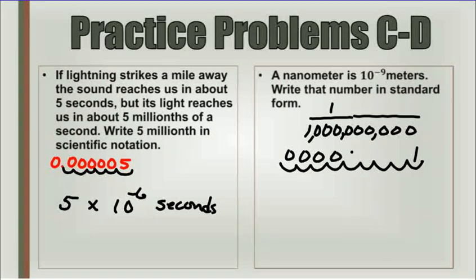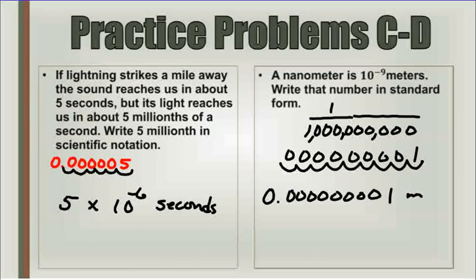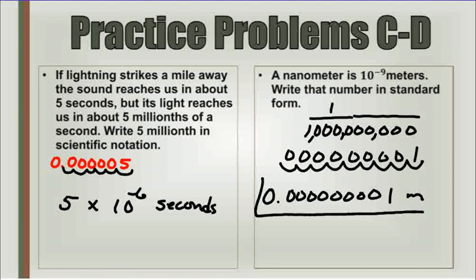Fill these with zeros. So we would have 0. We got 1, 2, 3, 4, 5, 6, 7, 8. So this would be our answer in standard form.